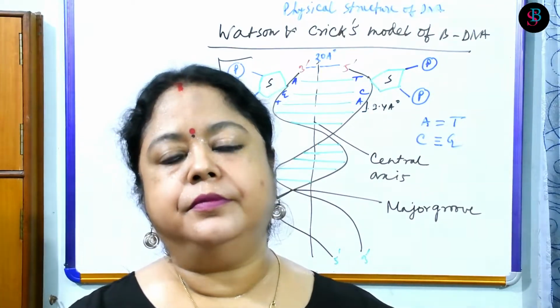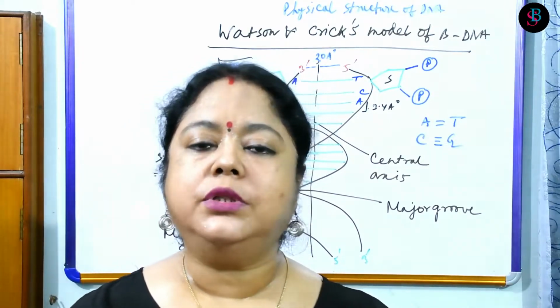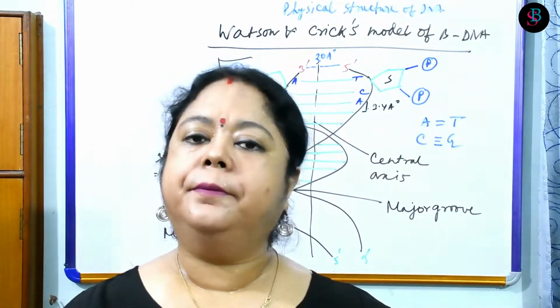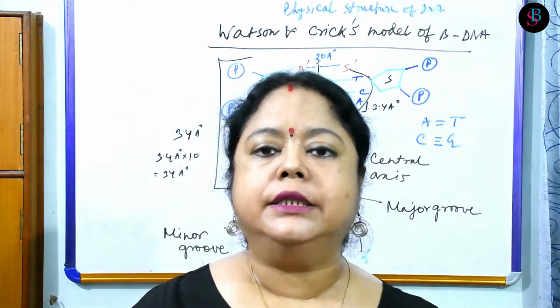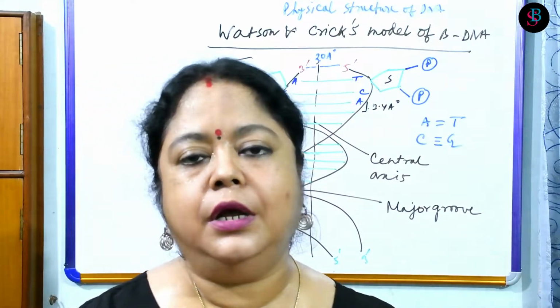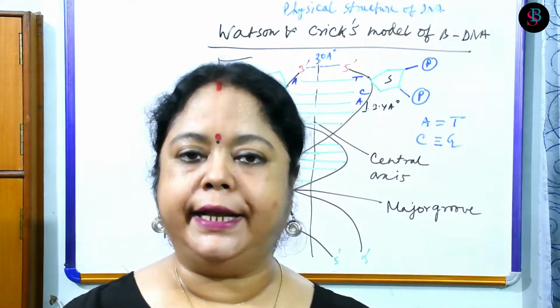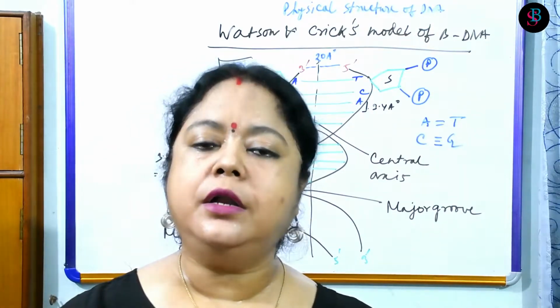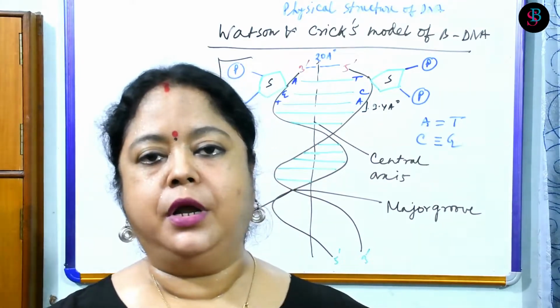Number three, the coils are around the central axis in a right-handed manner. Number four, the distance between two base pairs is 3.4 angstrom. Number five, in one turn of DNA, there is one major groove and one minor groove.